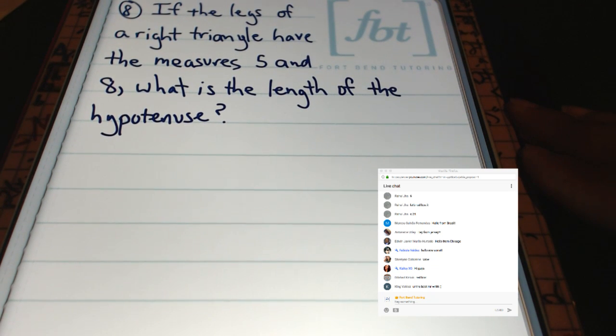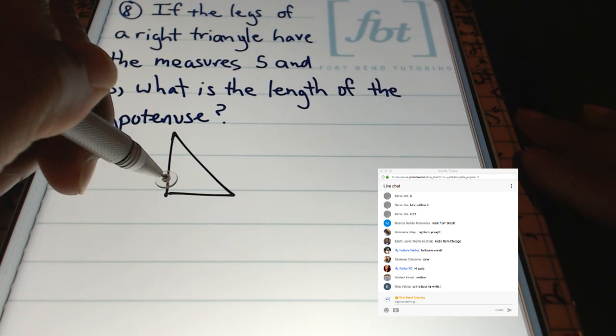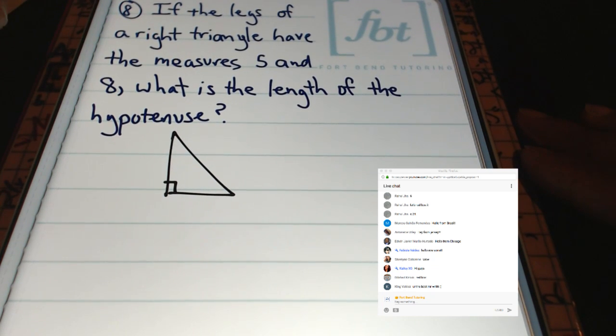Problem number 8, guys, says if the legs of a right triangle. You know what? Without a diagram, I'm drawing one. When they refer to these shapes, I like to draw it out so I can know visually what they're referring to. So if the first line is saying if the legs of a right triangle and I don't see a right triangle, I draw one.